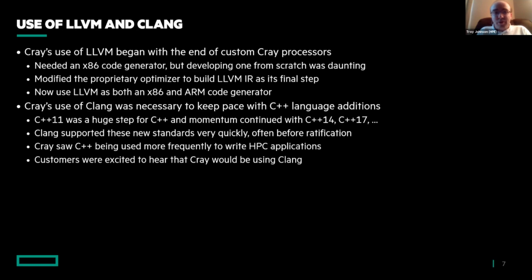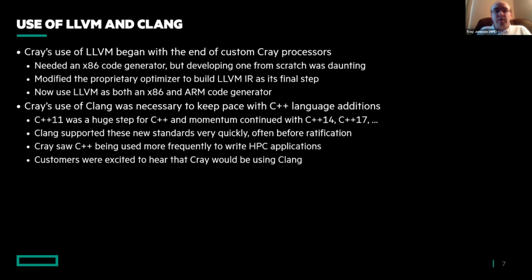C++11 was a huge step, and that momentum has really continued in recent years with C++14 and 17, and they're on a pretty solid 3-year schedule now for major standards releases. And we saw that CLANG was supporting these new standards very quickly, often before the actual standard was fully ratified. And we were finding it difficult to keep up with that.